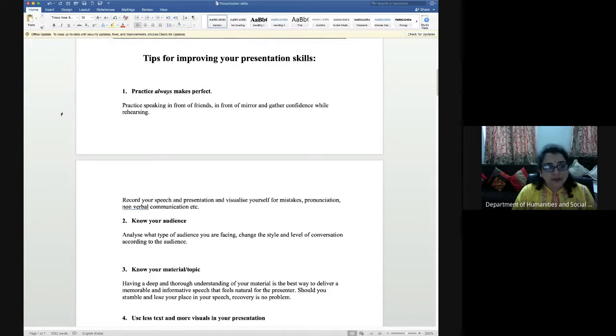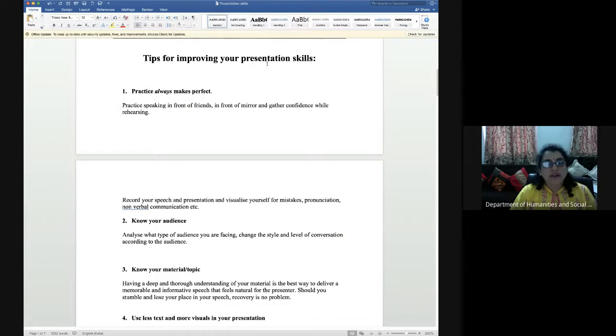That means they do not have practice of speaking English. If you are asked to speak the same thing in Hindi, you will speak easily, because you have practice of speaking in Hindi. So to make a language perfect needs a lot of practice. Okay, so you have to practice it a lot.